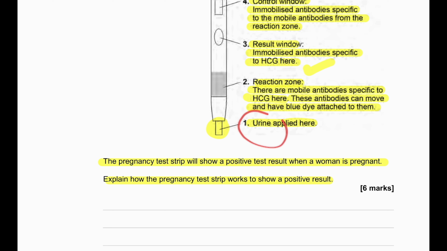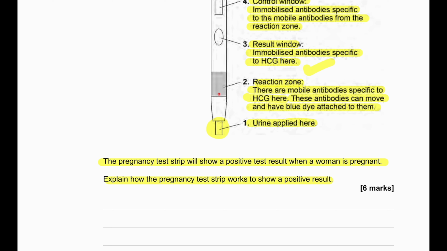Once the urine is applied in this region, it first passes through the reaction zone. If the urine contains HCG, the HCG will bind with the HCG-binding antibodies. The HCG bound to antibodies is left behind here, and the antibodies that are free travel up along with the urine.